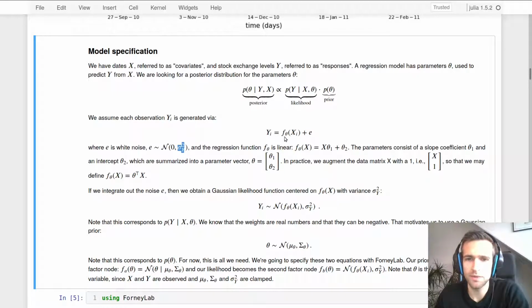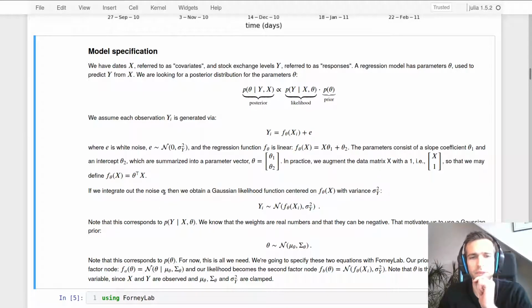The regression function f of theta is linear, so we take an incoming covariate and multiply that with theta 1, which is a slope coefficient, and we add theta 2, which is an intercept. We bundle these two parameters, theta 1 and theta 2, into a parameter vector theta, and in practice we also augment this data matrix x with a 1 for each observation, so that you may be able to write this regression function as the dot product between theta and x.